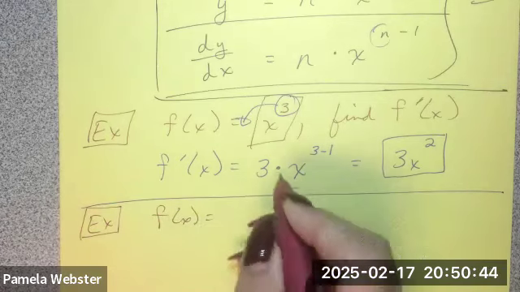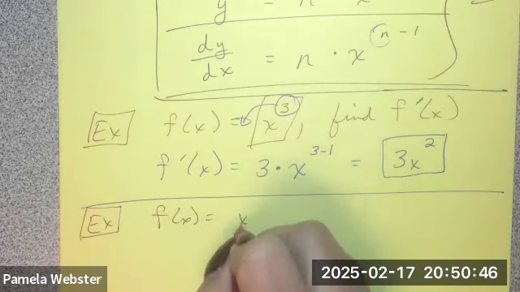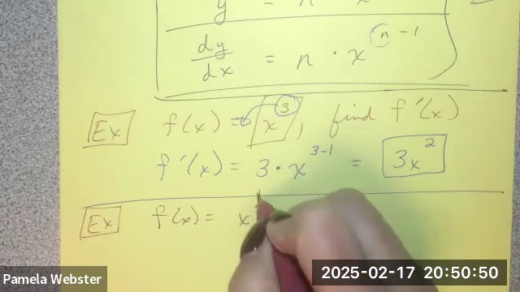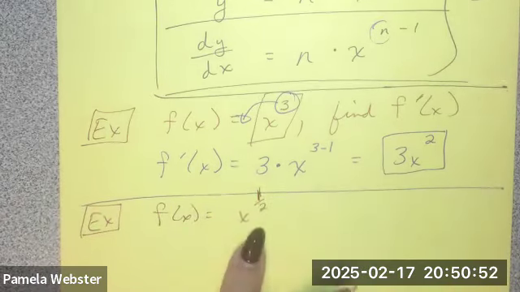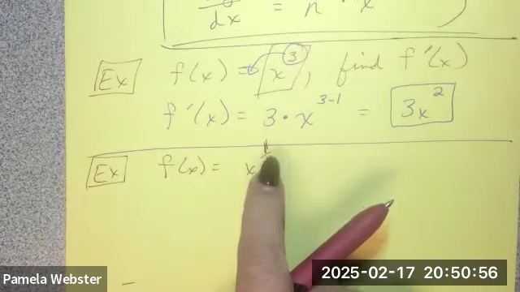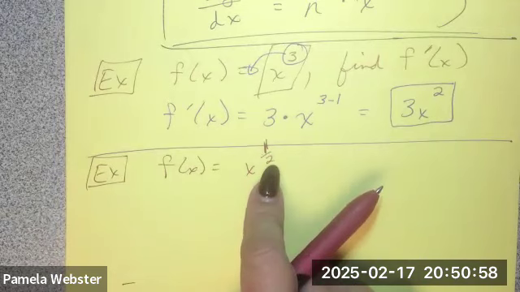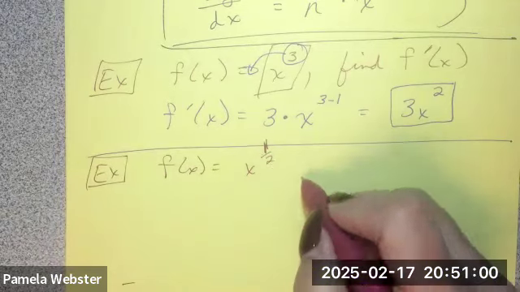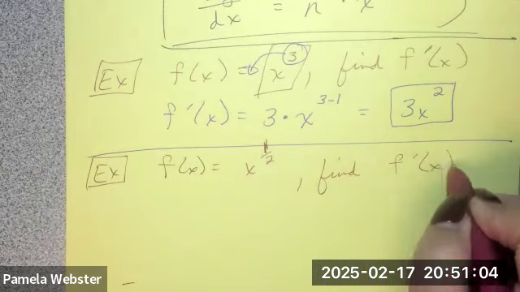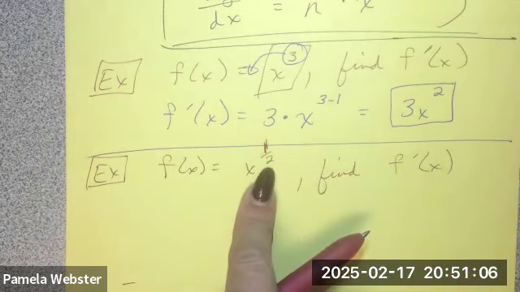Okay. So here's another example. f of x equals x to the 1/2. Stop for a second and ask yourself, is that a power function? Is my variable being raised to some exponent and it's a real number? So, in other words, is 1/2 a real number?